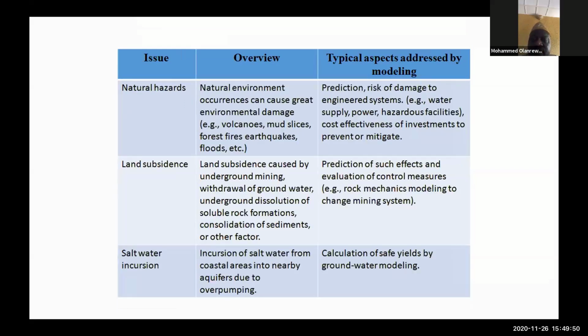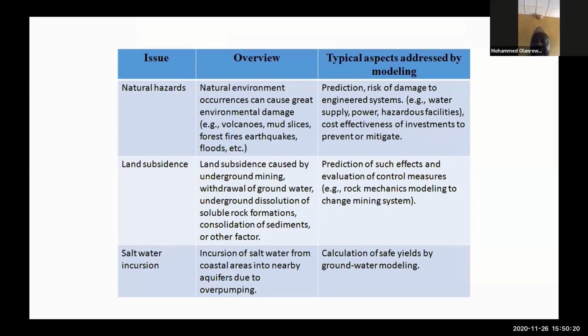Natural hazard, which is just something that happens, that is not a man-made thing. Natural environment occurrences can cause great environmental damage, like volcanoes, mudslides, forest fire, earthquake, floods. For example, in Turkey, just a few weeks ago, we had this natural hazard that happened.